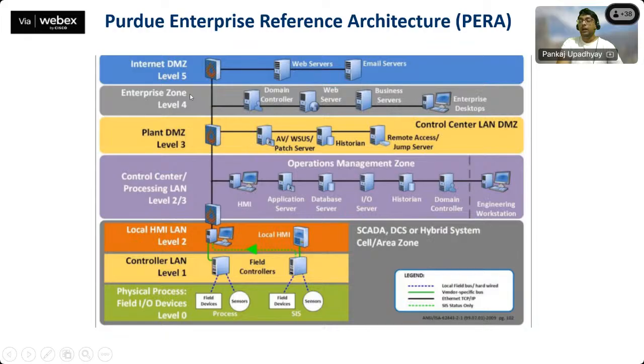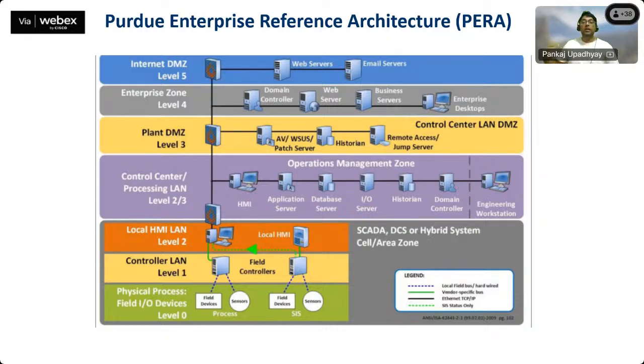Then we have level 4, which we call the enterprise zone, where your business people connect and work. Your IT level processes are going on. So at level 4 the domain controllers, web server with their business servers, ERP software, enterprise desktops are there, and then level 5, if you have the public websites hosted for user purposes and the email servers.